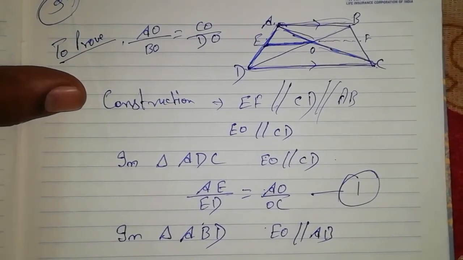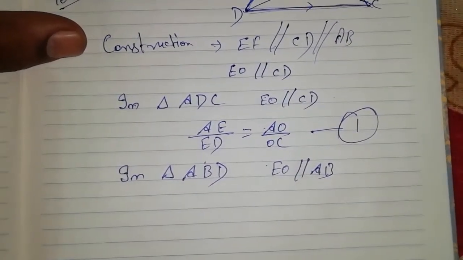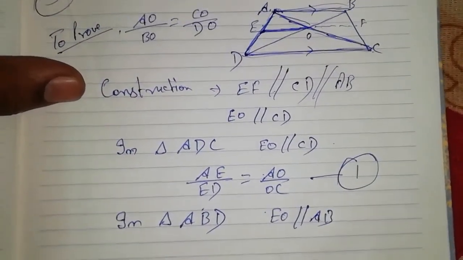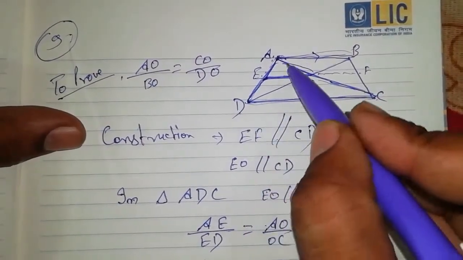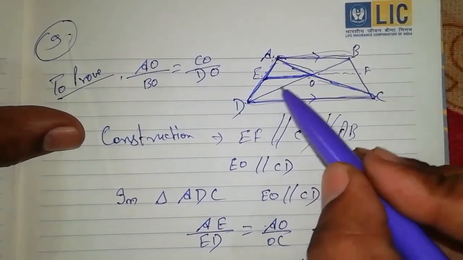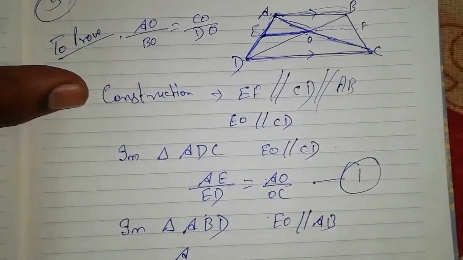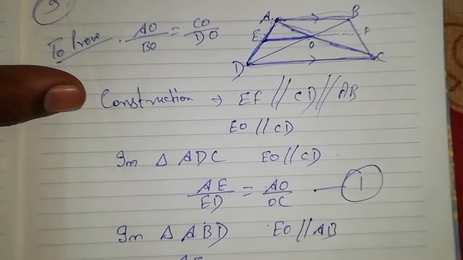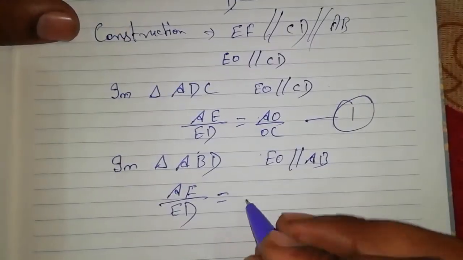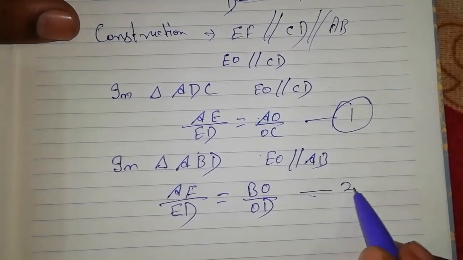These are the postulates of Euclid that you have learned in your previous class, no need to prove them here. So in this triangle, we can say that AE upon ED is equal to BO upon OD. Okay, this is our second equation.